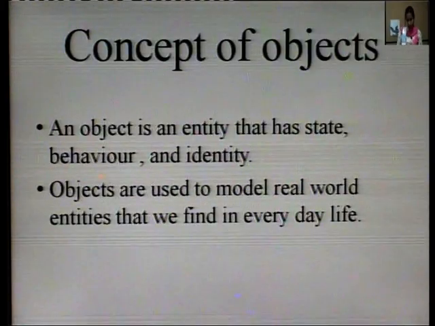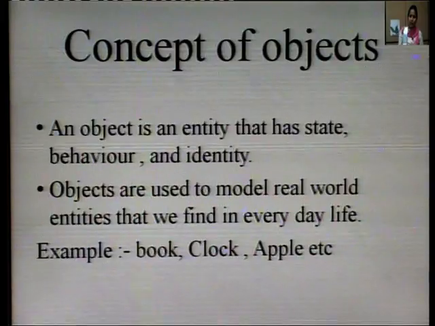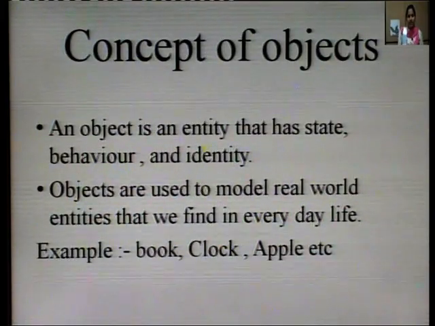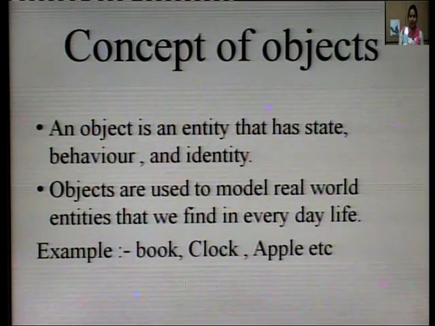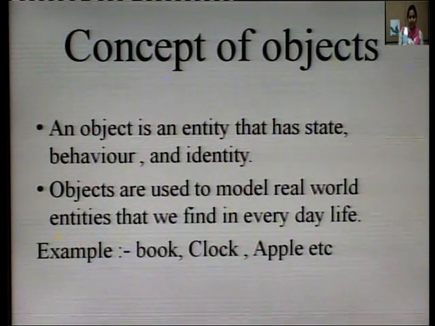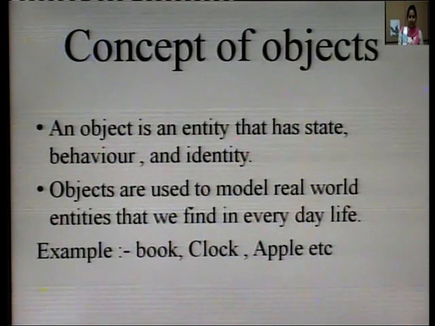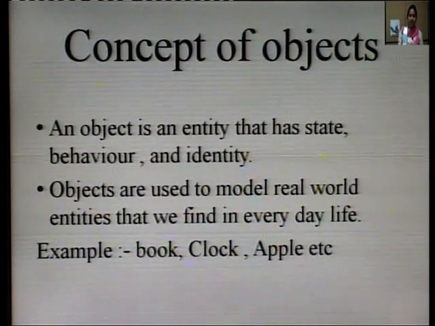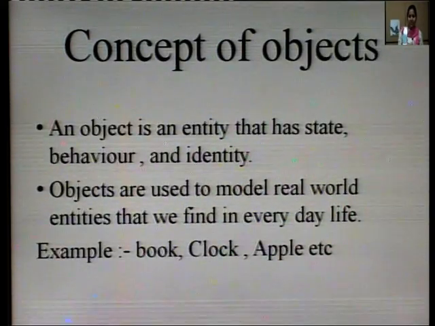So we can find these examples in our daily life. For example, book is an entity and a book is an object. Clock is an object. Apple is an object, etc. If we consider a family, in a family each person has their own entity, state, behavior and identity.